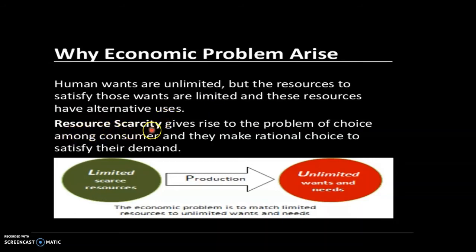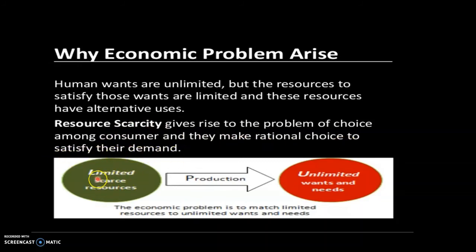So resource scarcity gives rise to the problem of choice among consumers, and they have to make a rational choice to satisfy their demand.